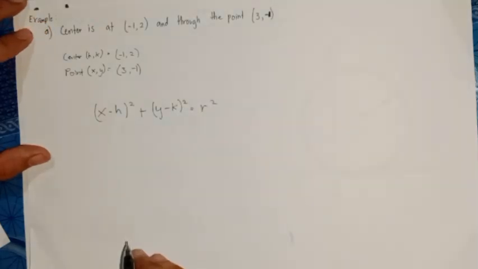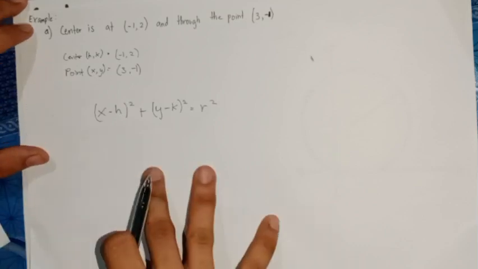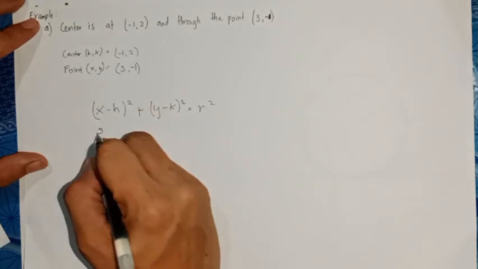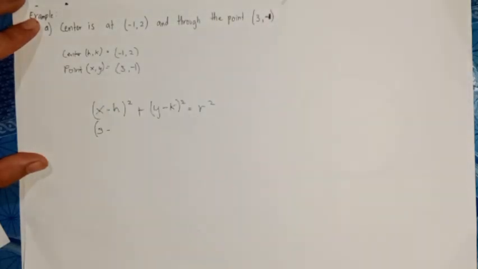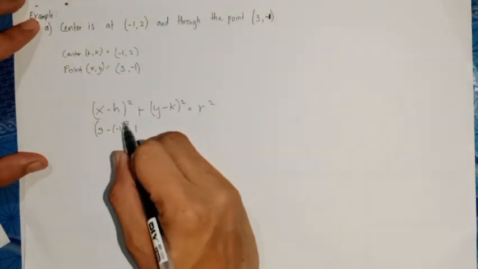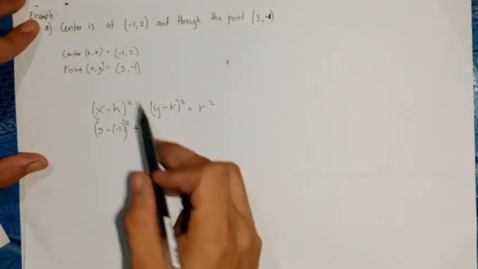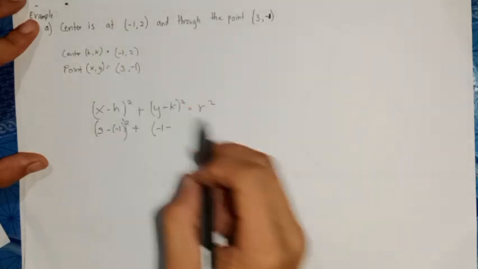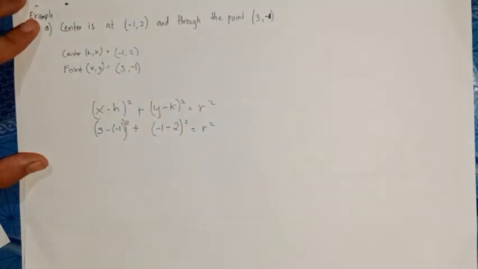Since we have the center and we have the point, all we need to do is substitute. x is 3 minus h is -1, squared, plus y is -1 minus k is 2, squared, is equal to r squared.